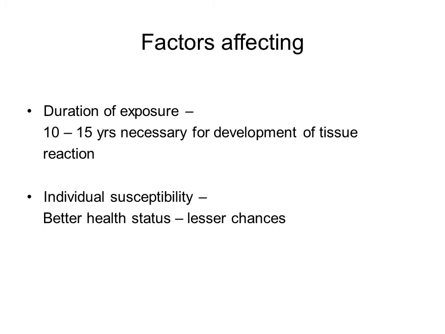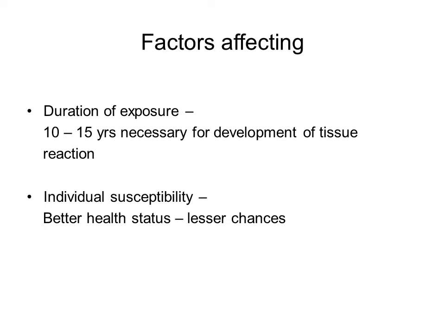Next is the duration of exposure. About 10 to 15 years are necessary for development of the tissue reaction and individual susceptibility. So better health status has less chances. So it depends upon the immunity status of the person.